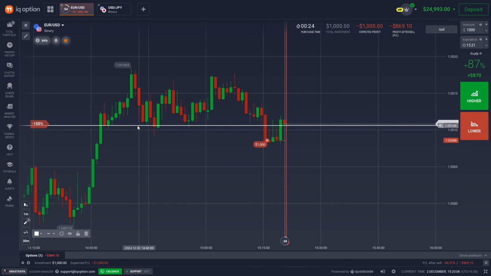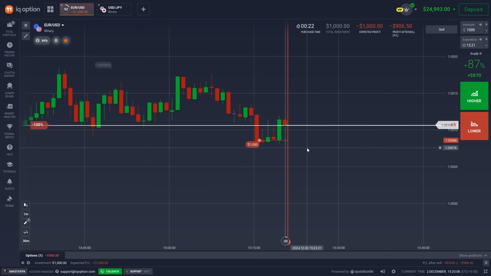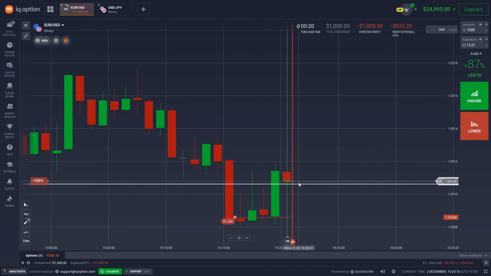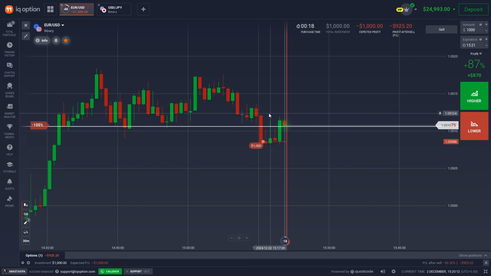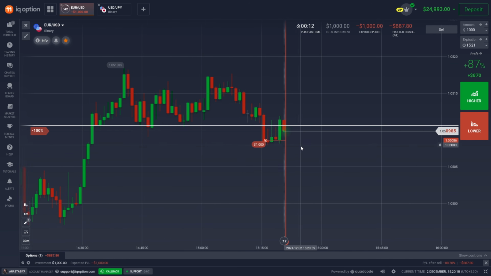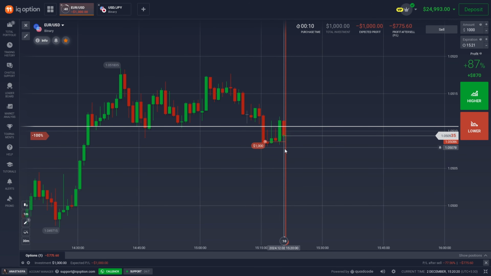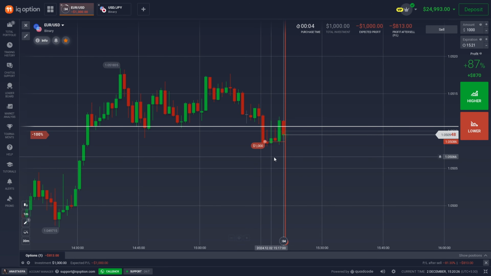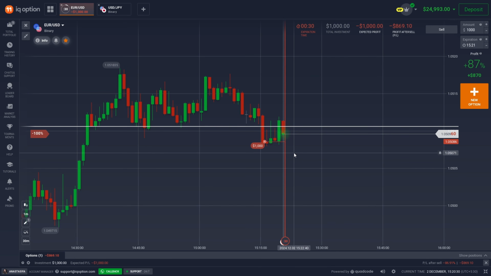So right now we are running in loss because the market reverses very quickly from that level, and I'm expecting that the market will fall smoothly in the downward direction. It might be the case that we lose this trade, but I'm expecting that the market will fall according to the price action. It doesn't matter if I'm going to win this trade or not, but according to the price action which I analyzed, for me, the market needs to go down.